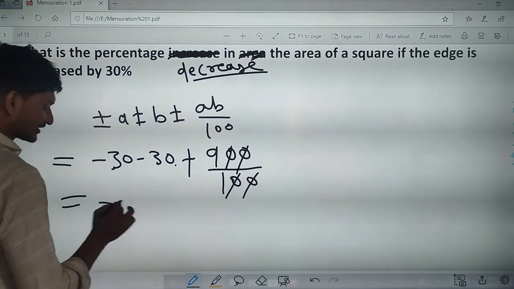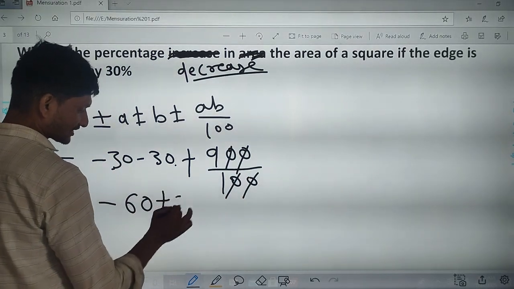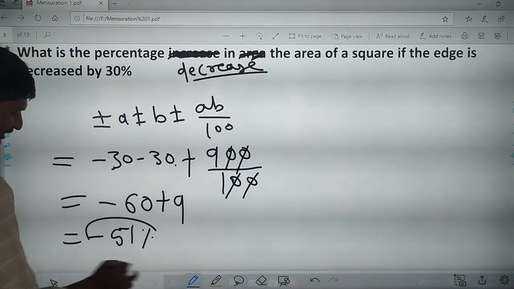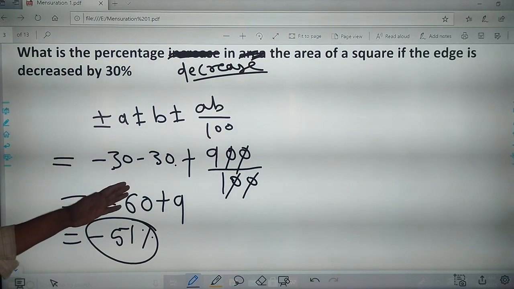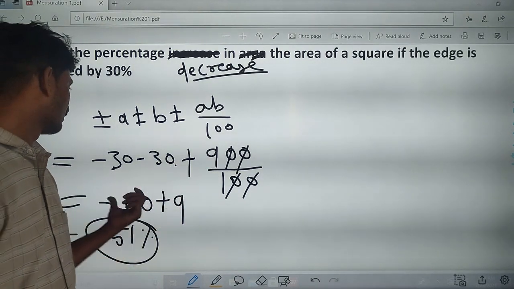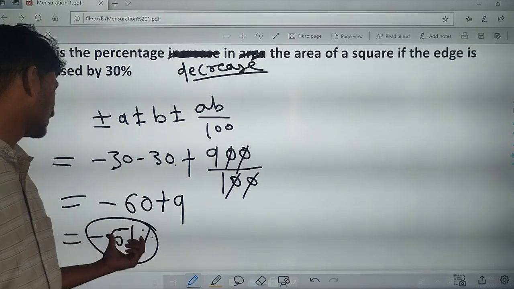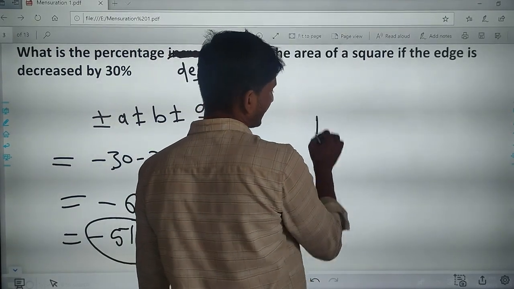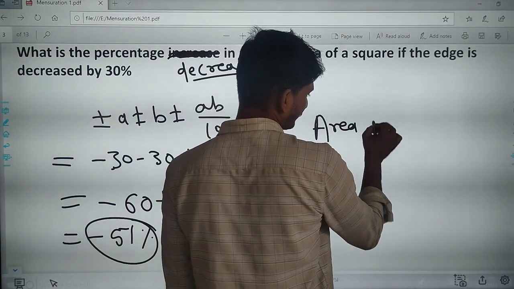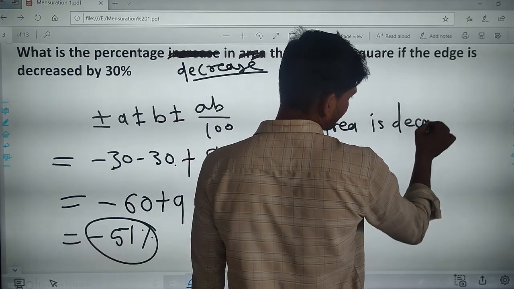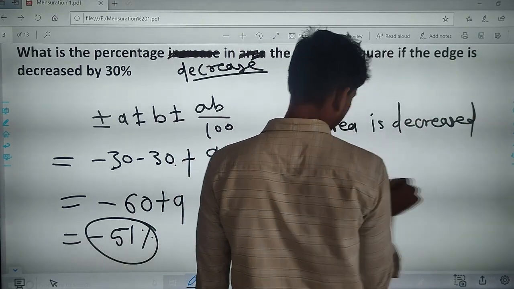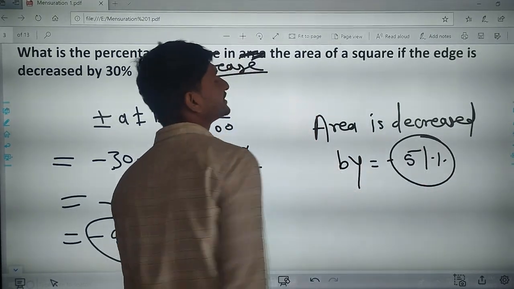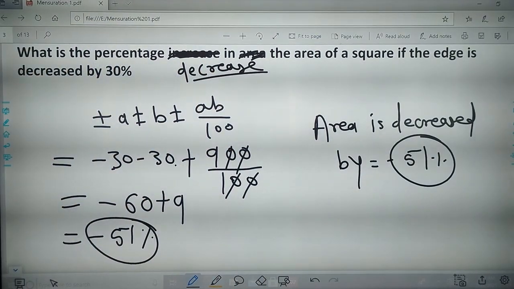Now minus 30 minus 30 is minus 60, plus 9 is minus 51%. Then your area is decreased by 51%.